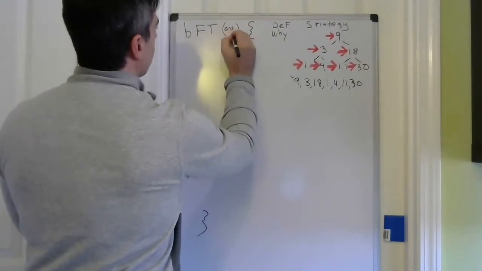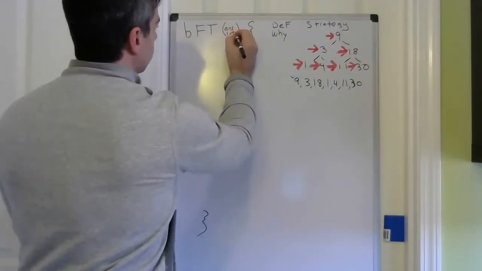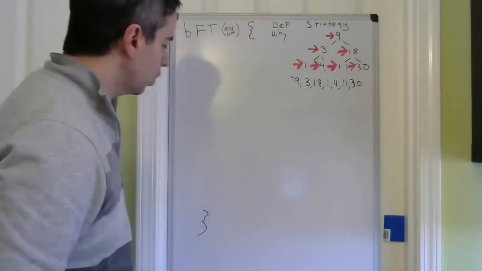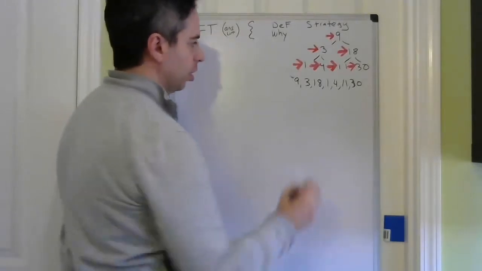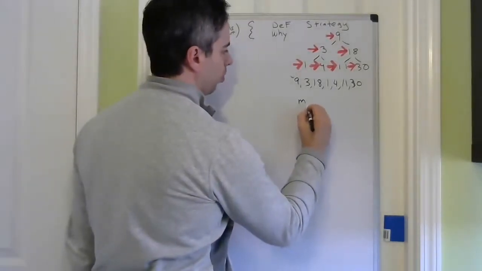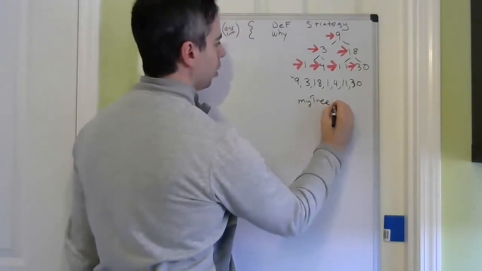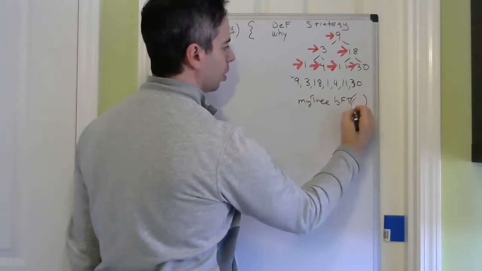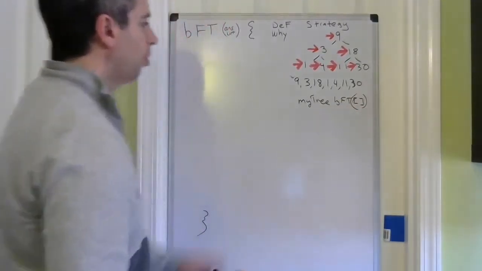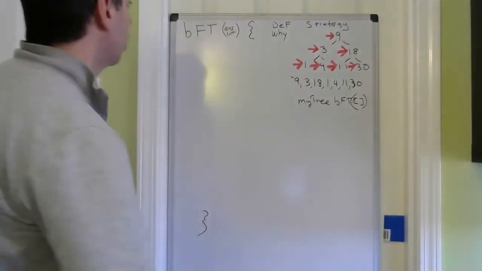Answer list, something like that. And the way we would call that is we would make an object. Let's just call it my tree, so my tree dot bft, and we send in an empty list. That's it. My tree dot function name, send an empty list.